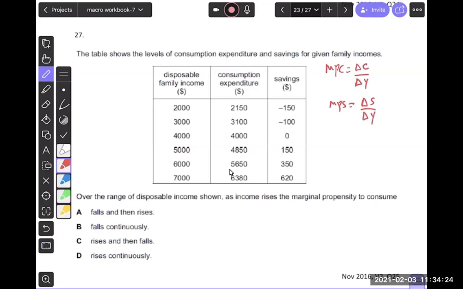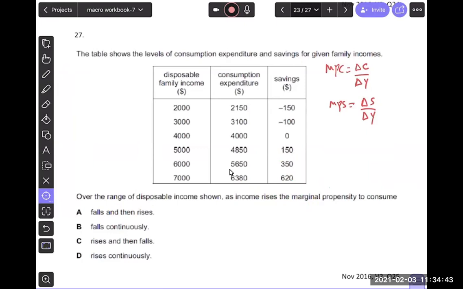The logic is MPC should fall, right? Because as you go richer, richer people have higher MPC, poor people have a lower MPC.